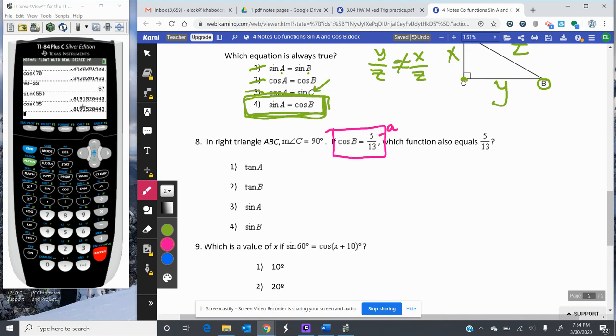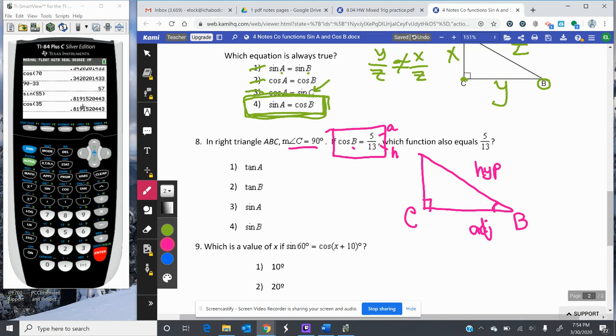Now we know the 5 is the A and the 13 is the H. So if I draw a right triangle, C they tell you is 90, cos B starts here. So from B, I know my adjacent side is on the bottom and my hypotenuse is to the top.